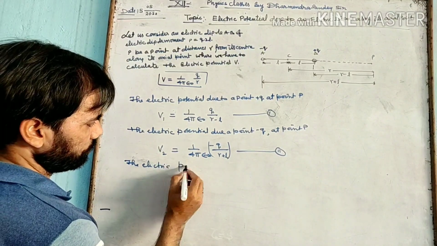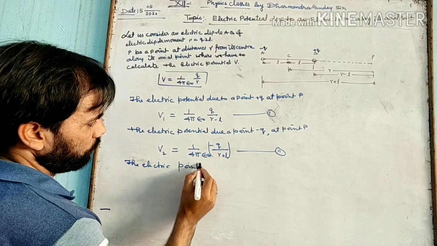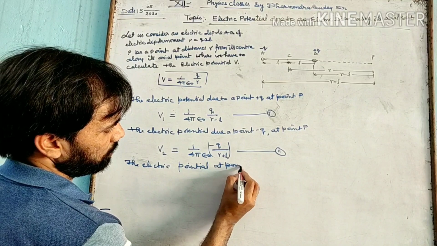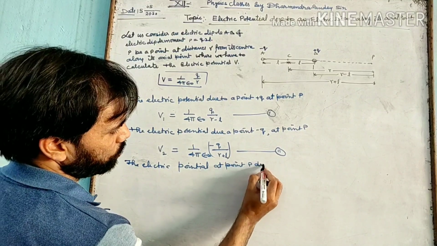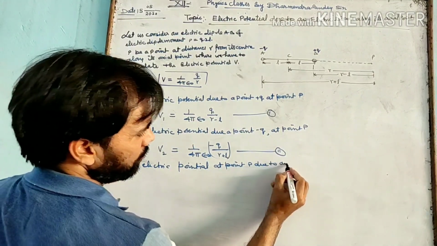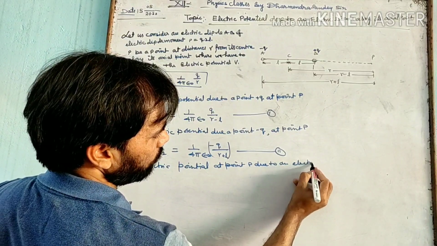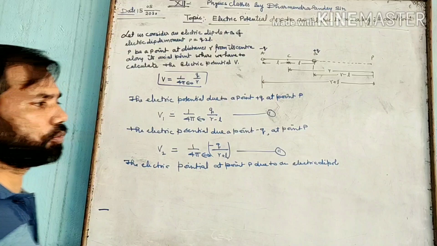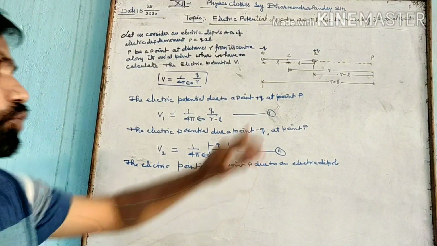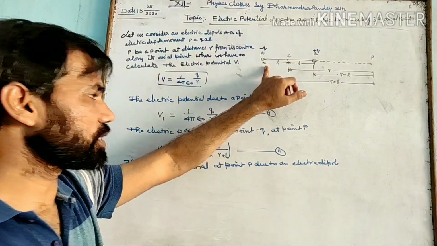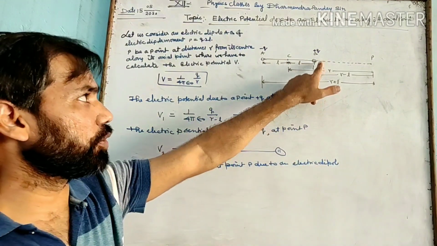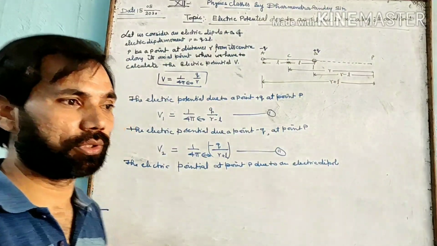the electric potential at point P due to an electric dipole. When I say due to an electric dipole, it means the potential at P due to minus q charge and the potential at P due to plus q charge both.